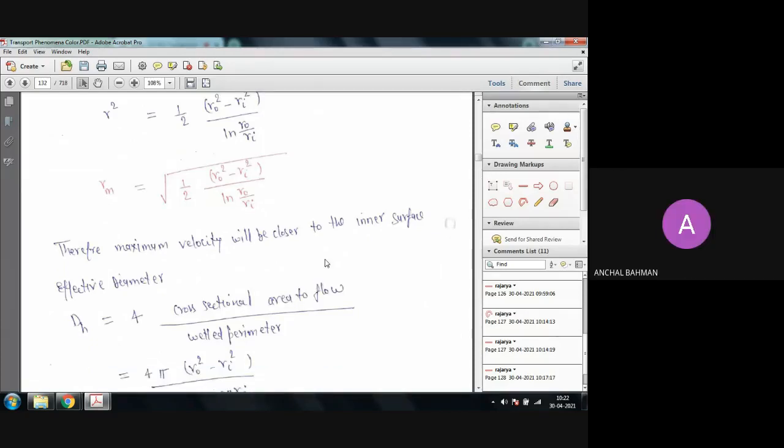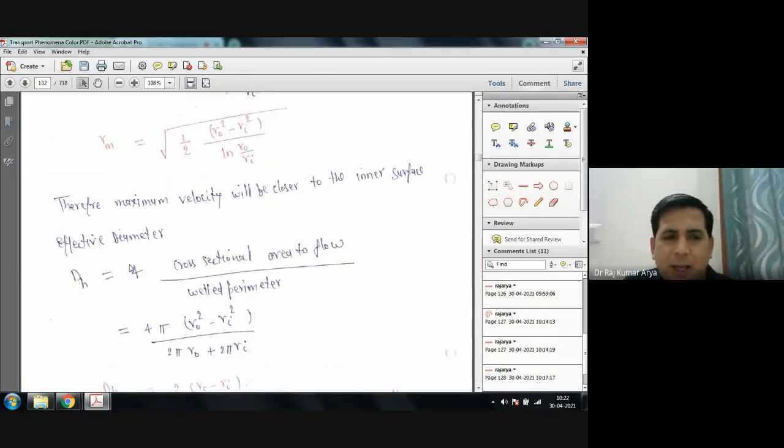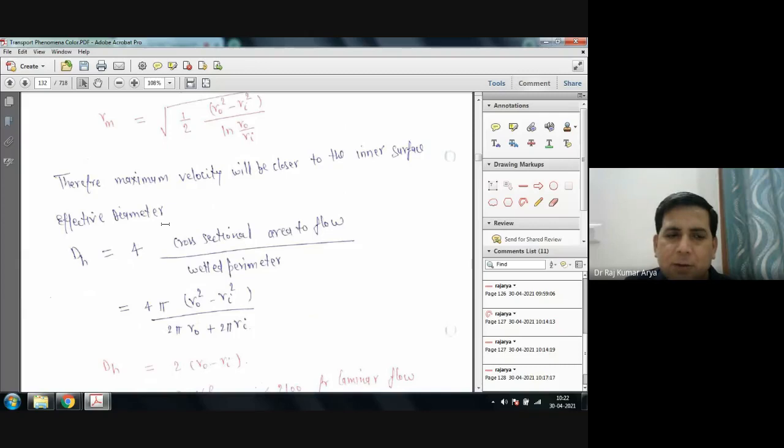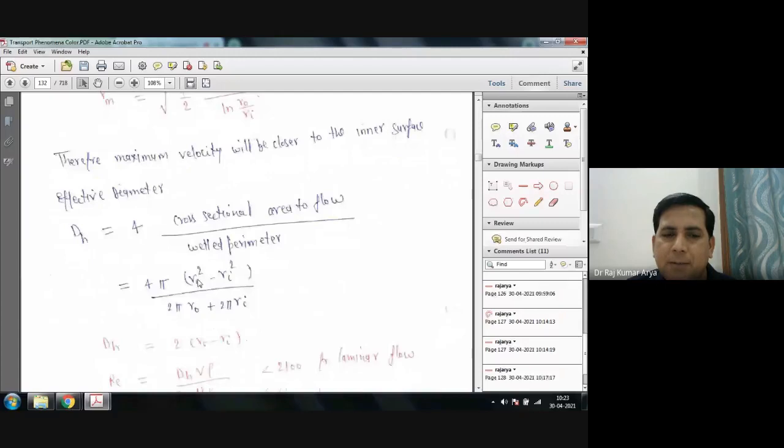Then you have the effective diameter, or you can say the hydraulic diameter. You have two surfaces now, so you calculate 4 times the cross-sectional area upon the wetted perimeter. The cross-sectional area for flow is the outer area minus the inner area.